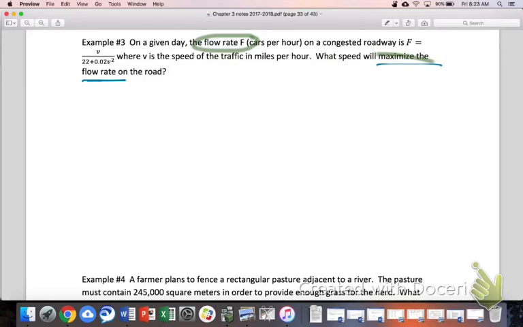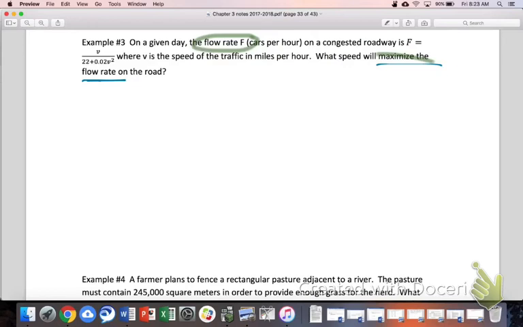So let me just give you a generic framework. If you are trying to maximize anything, whether the anything is an amount or a rate of a rate or whatever it might be, you want to set anything prime equal to 0 or DNE. So even though F is already a rate, they're asking you to maximize it.